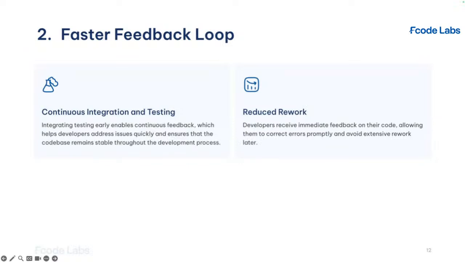The next advantage of this shift-left approach is a faster feedback loop. To make the feedback loop faster, we have to integrate continuous integration with our testing. Continuous integration helps the developers to address issues quickly and ensures that the code base remains stable throughout the development process.